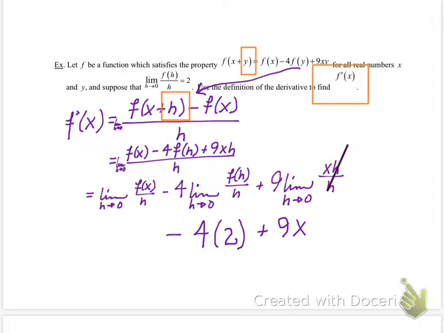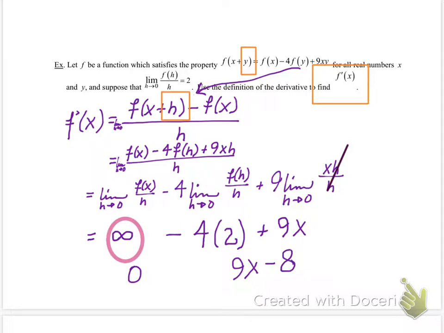Now we need to think carefully about the first expression. We don't know much about f of x. And because we know very little about f of x as h approaches 0, we need to assume that it's infinity. If that limit was in fact 0, which it may be, things will be clearer on a test, by the way, the whole entire derivative would have been 9x minus 8.